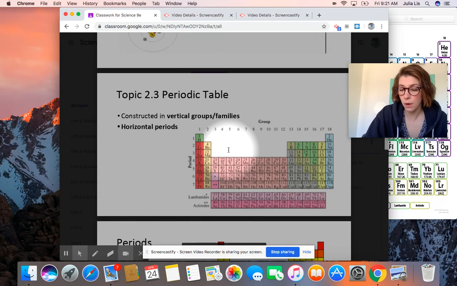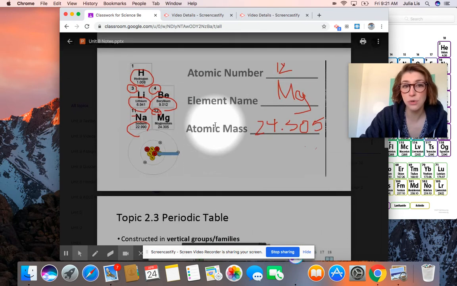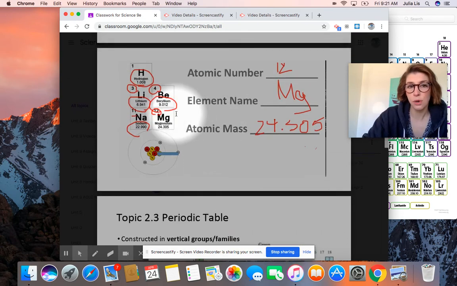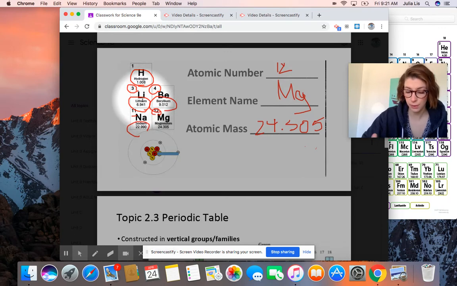I want to make note that the atomic mass, how much an element weighs, we gather that information by looking at the number of protons and neutrons inside the nucleus. So if we look at lithium here, Li, its atomic number is 3. So in the top left-hand corner, we have 3.